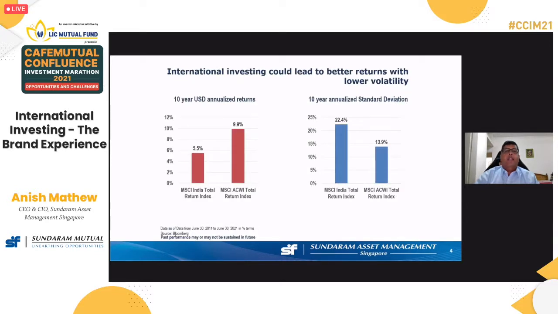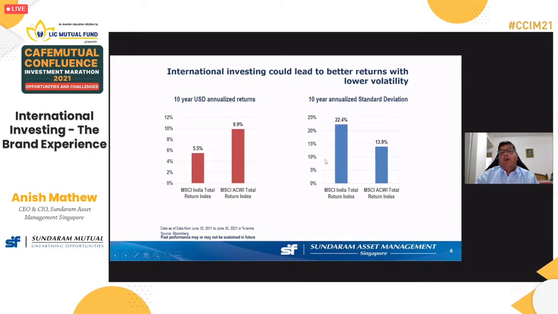If you look at the Indian market, for example, the chart on your left-hand side shows how MSCI India has performed in relation to the global markets as represented by the MSCI All Country World Index. Over the 10-year period, on an annualized basis, MSCI India has underperformed by over 4% per annum.